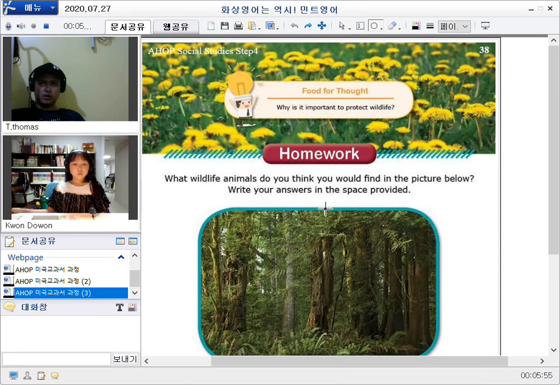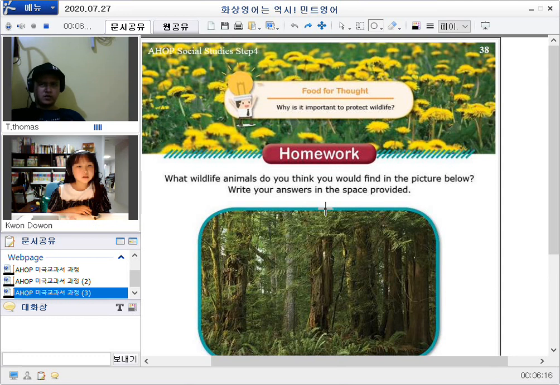Okay. So, how can we protect the wildlife? We can protect them by not hunting, and we should not build buildings in rainforests.